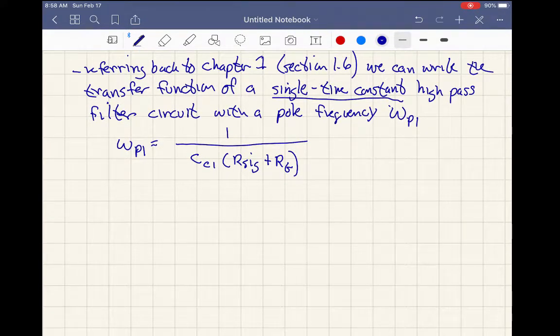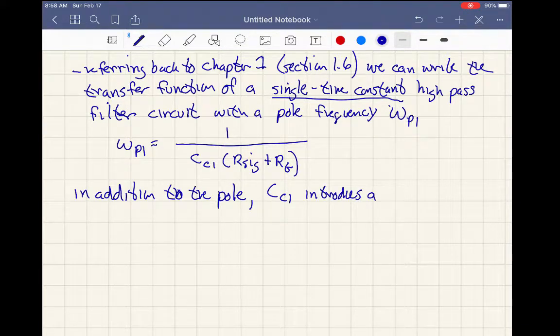In addition to the pole, C1 introduces a zero at s equals 0. Those are DC conditions.